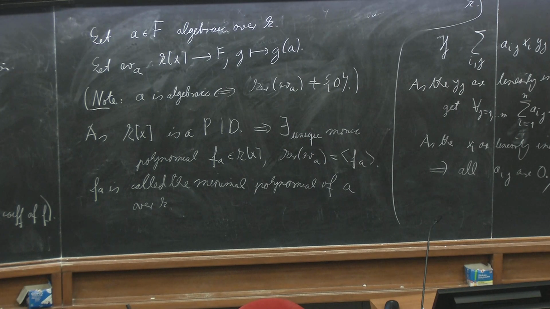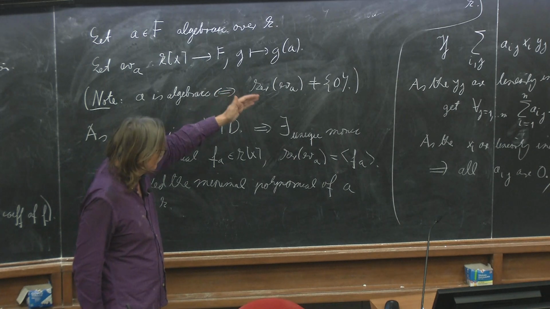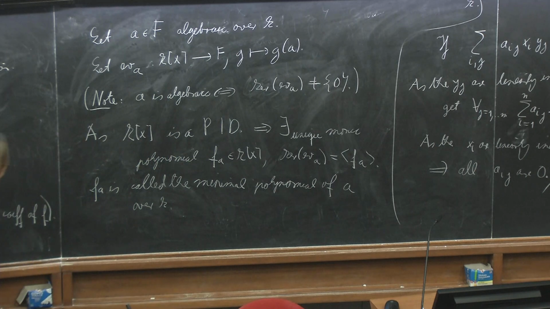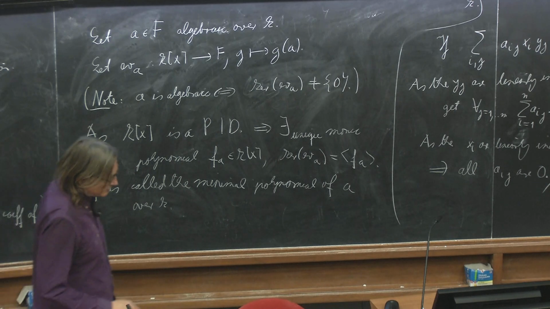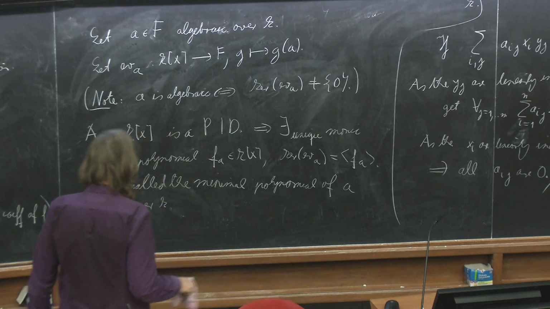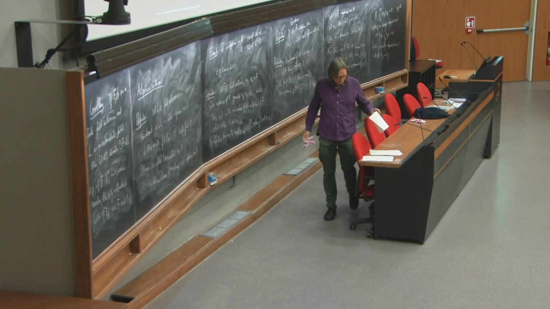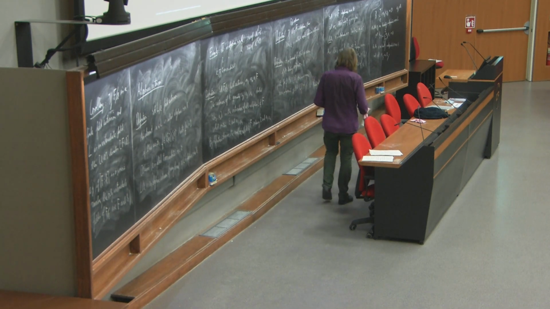It's slightly intricate. We take the kernel of the evaluation homomorphism at A, and we take the unique generator of this kernel. There's another way to describe the same thing, and this is certainly useful, and that's the way one checks that something is the minimal polynomial.